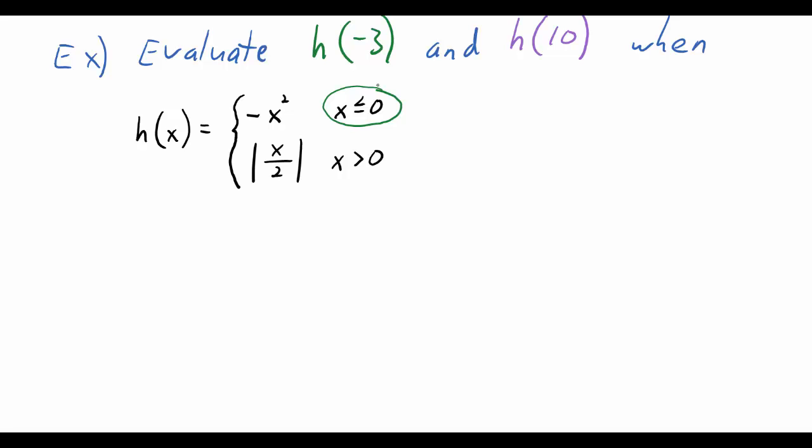So we're going to use the function negative x squared. So let's substitute negative 3 into negative x squared. Negative 3 squared is positive 9, but then we need to make a negative. So h of negative 3 is equal to negative 9.